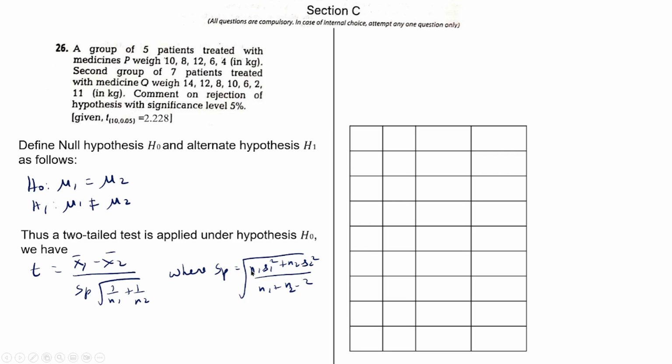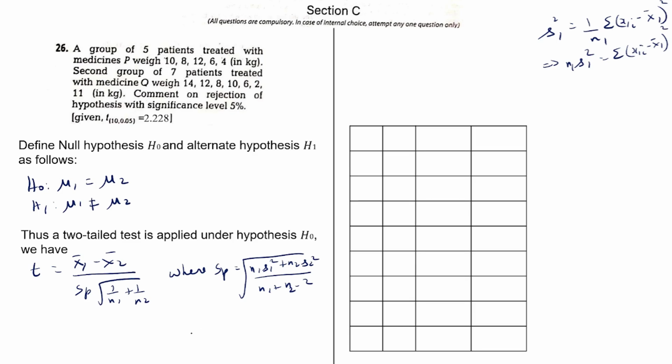As a result, for n1 s1 square we can write, s1 square is nothing but 1 by n1 summation x1i minus x1 bar the whole square. As a result, n1 s1 square will be summation x1i minus x1 bar the whole square.